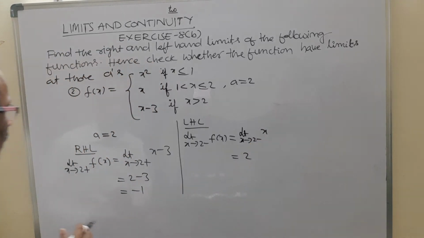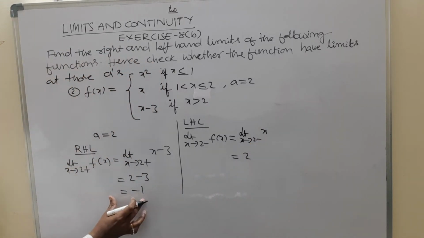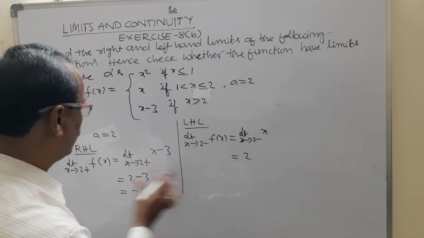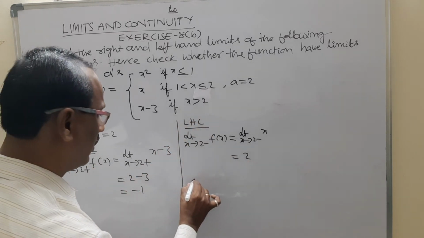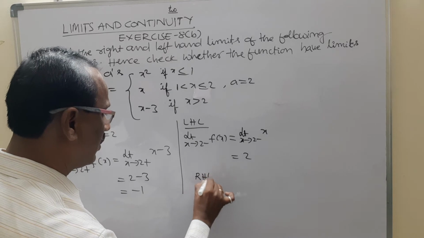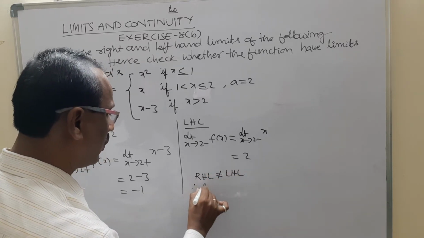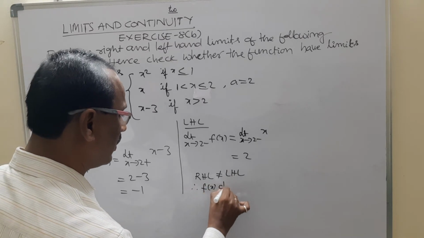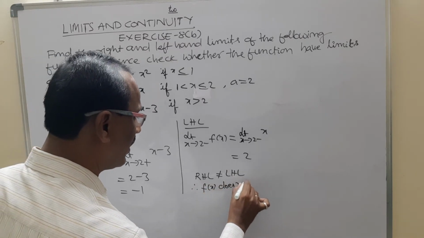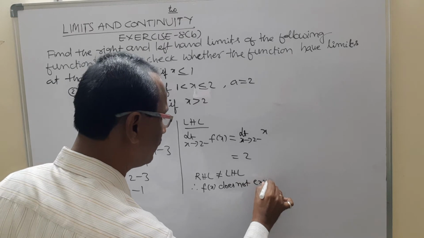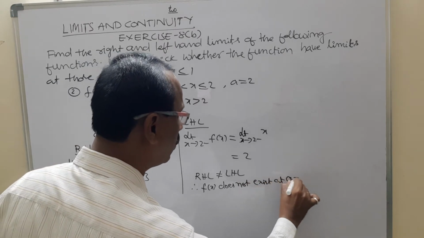Here we observe that the right hand limit value is minus 1, the left hand limit value is 2. These two are not equal. RHL not equal to LHL. Therefore, the limit of f of x does not exist at a equal to 2.